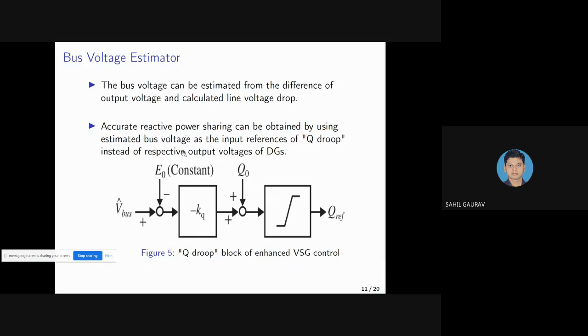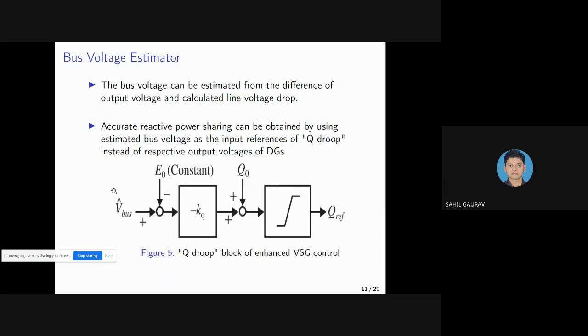Now we see the bus voltage estimator. The principle of the bus voltage estimator is similar to that of the stator impedance adjuster because both use the alpha beta reference frame. By calculating the line voltage drop in the alpha beta frame using measured output current and line impedance data, the bus voltage can be estimated from the difference of the output voltage and the calculated line voltage drop.